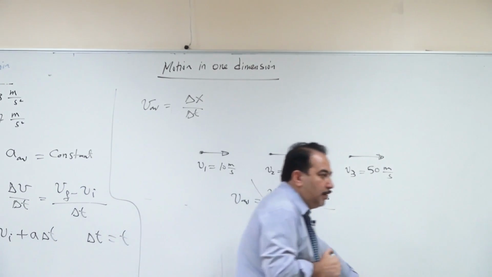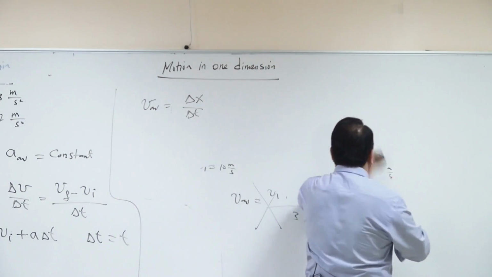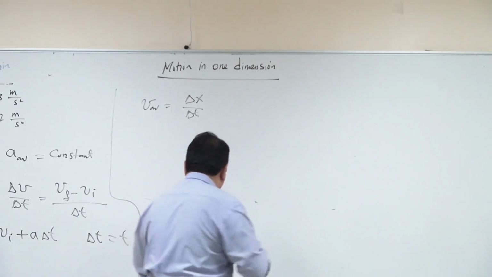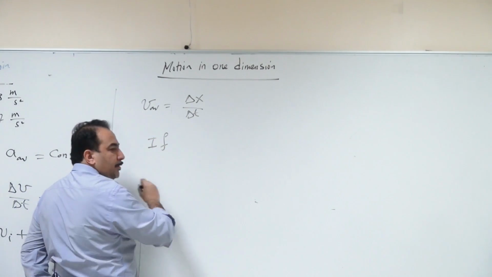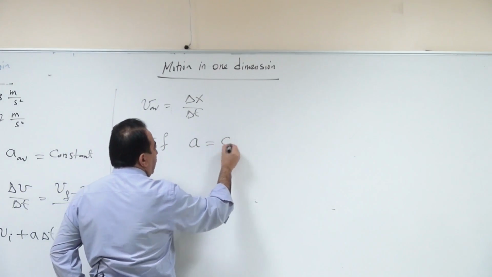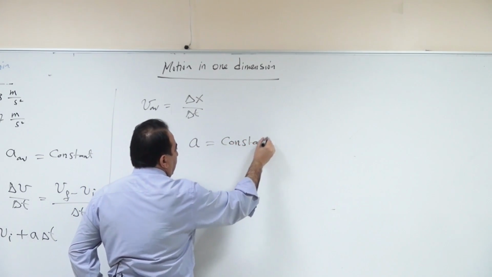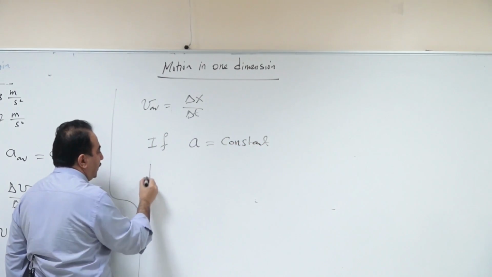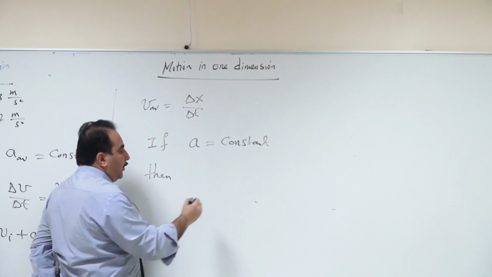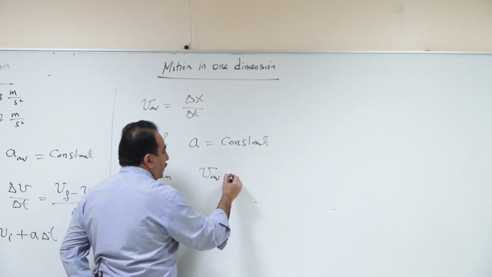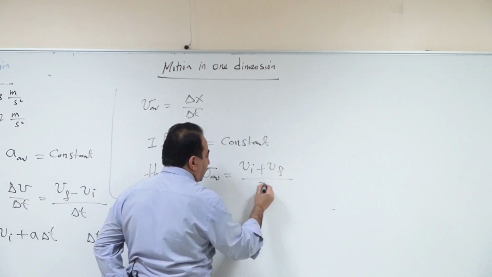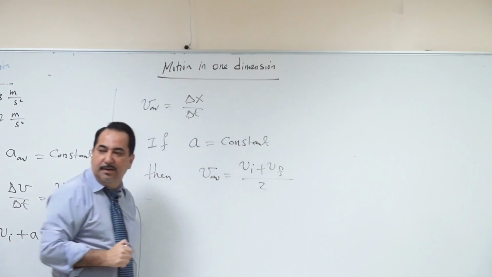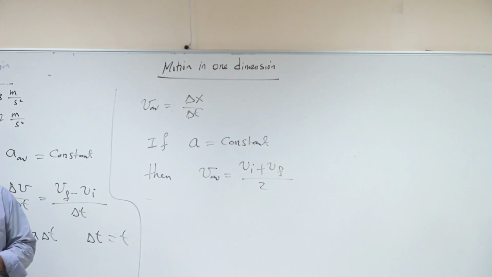So we write now here, we say average velocity. Here we put a condition. If a equals constant, then what? V average equals V initial plus V final over 2. If you have two values, initial and final, yeah?